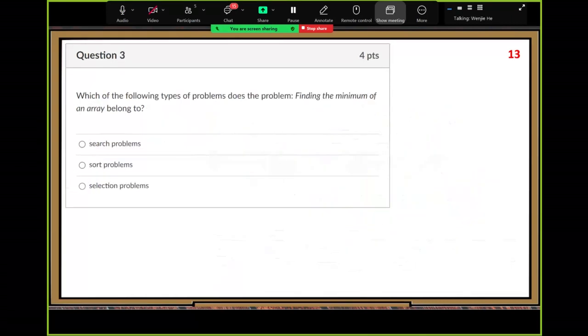Number 3. Which of the following types of problem does the problem of finding the minimum of an array belong to? Selection problem.